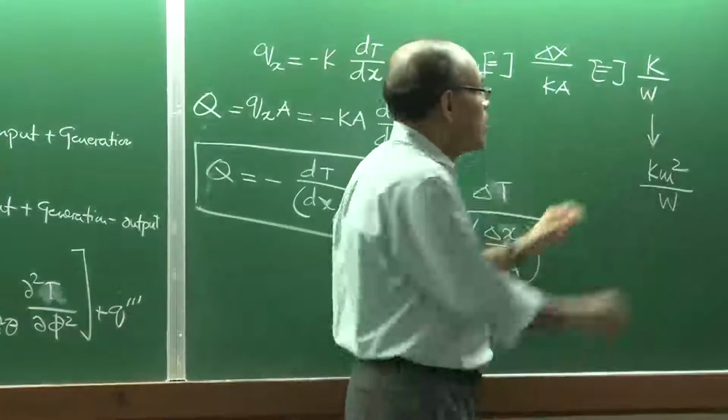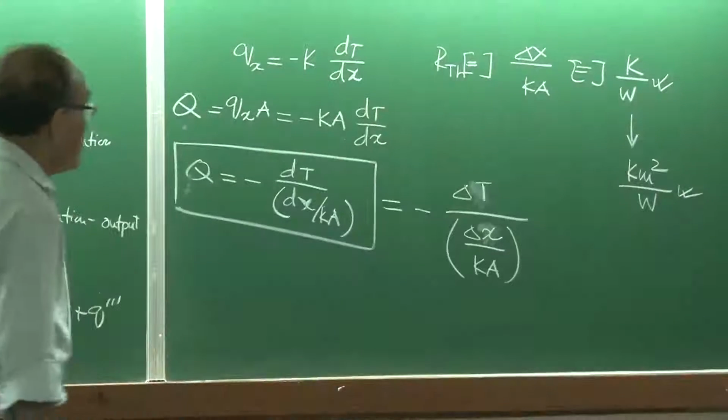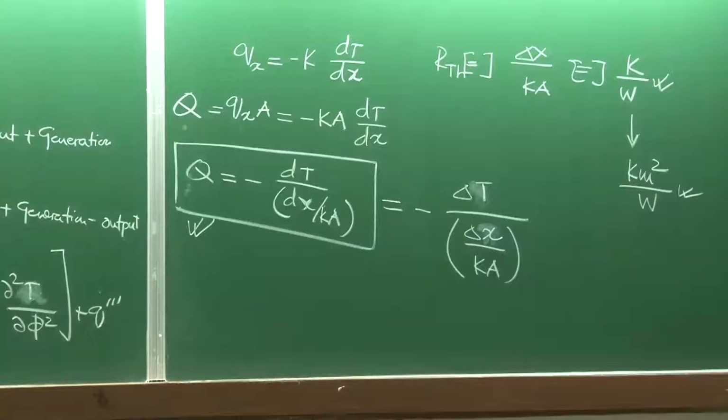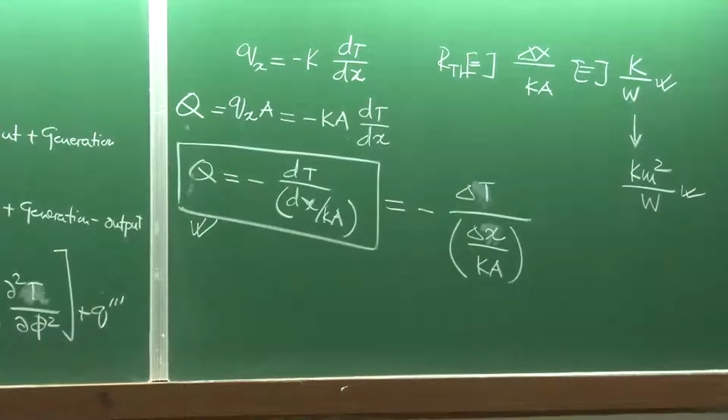So, these are the 2 possible units in which we can express it. Most of the time we will consider this particular expression, and based on this we will derive the applicable thermal resistances in the system. We will find out the thermal resistance in other coordinate systems also.